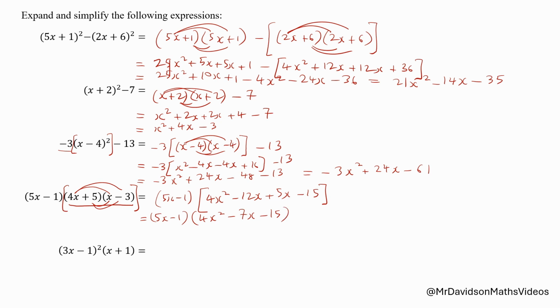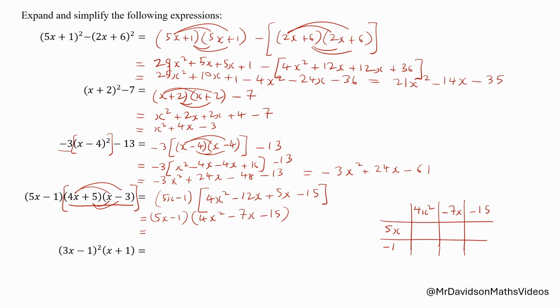So this is a quadratic multiplied by a linear. We could do this as a grid, or we could do this by multiplying each term and just showing lines. It gets a bit messy with drawing lines, so I'm going to do this as a grid. So this is 5x minus 1. This is what's multiplying by the quadratic, and this is 4x squared minus 7x minus 15.